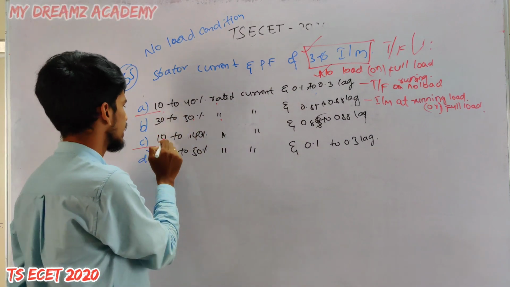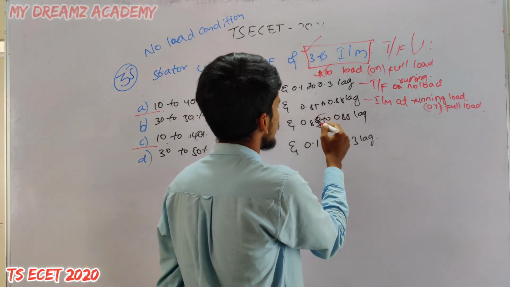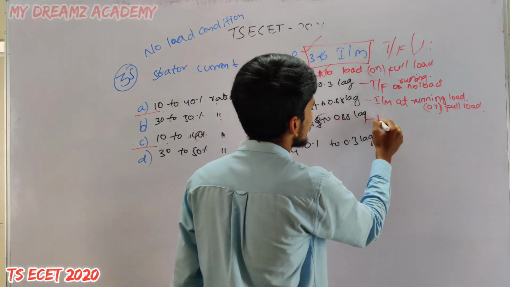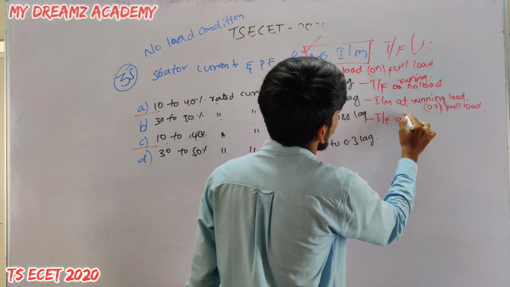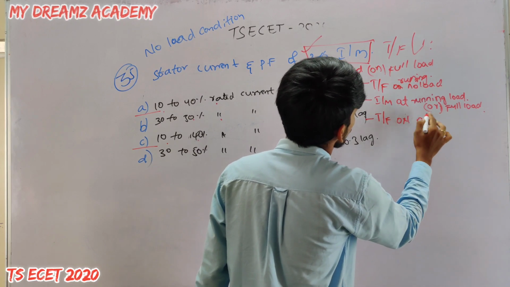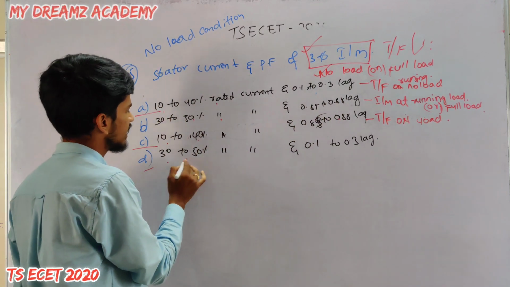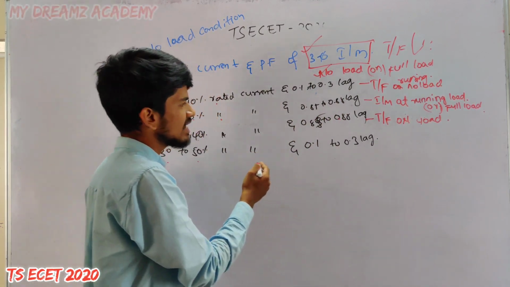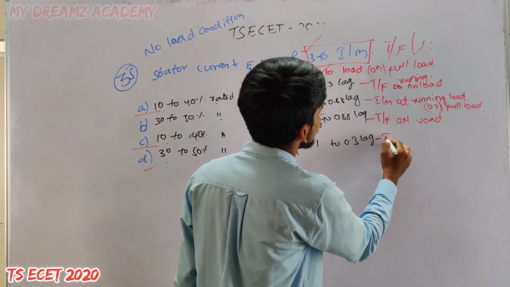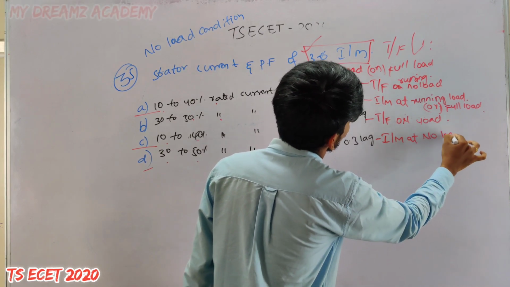Option C, 10 to 40% rated current and 0.85 to 0.88 lag: this is a condition regarding a transformer on load. Next, D, 30 to 50% rated current and 0.1 to 0.3 lagging power factor: this is our induction motor condition at no load.